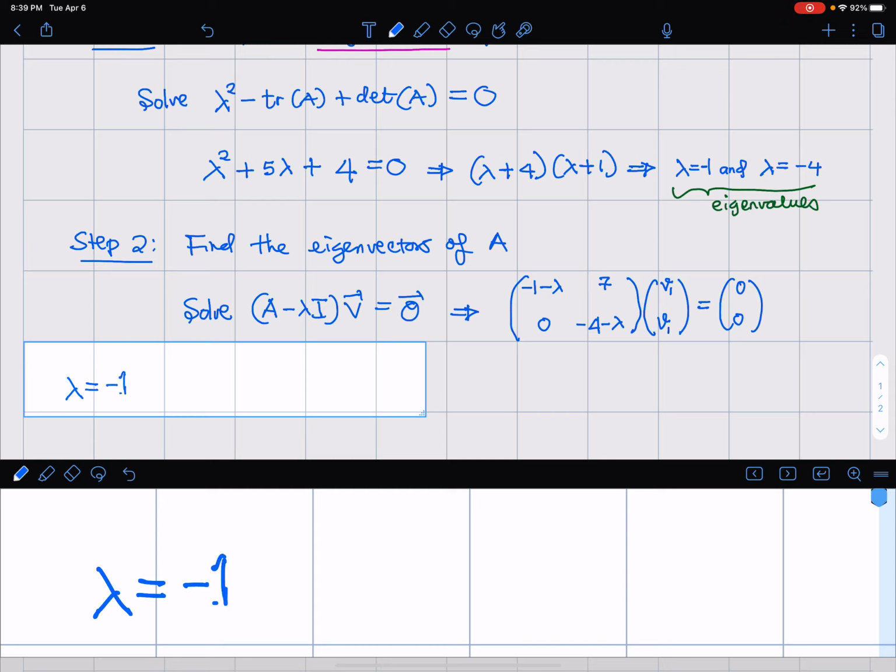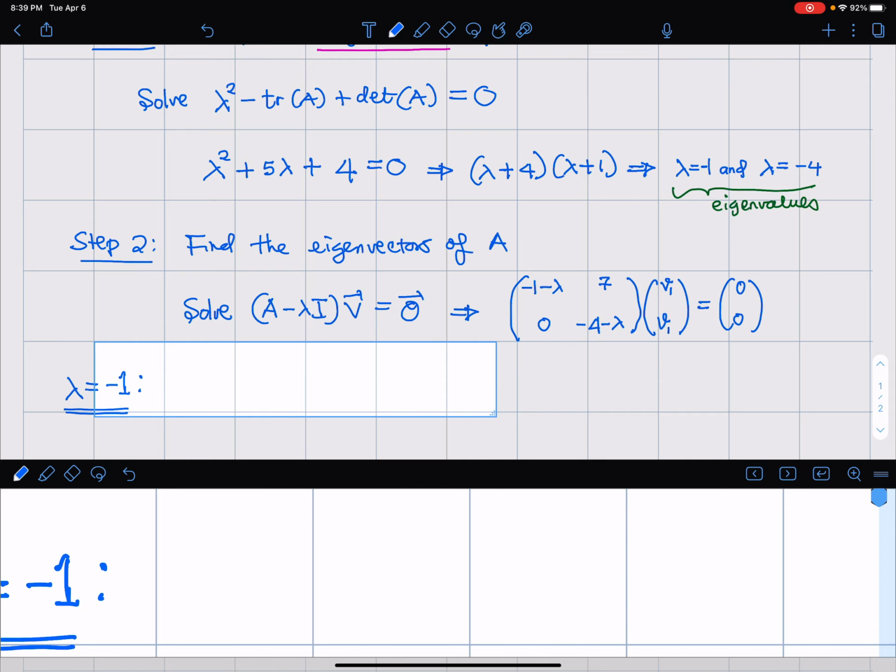So when lambda is negative 1, what do we get? We get negative 1 minus negative 1, which is 0.